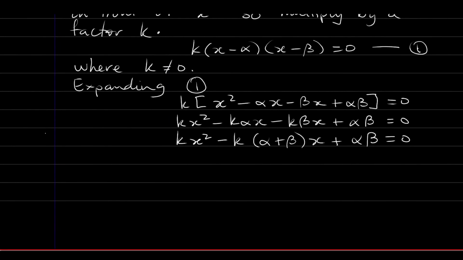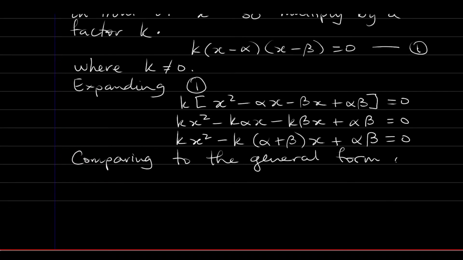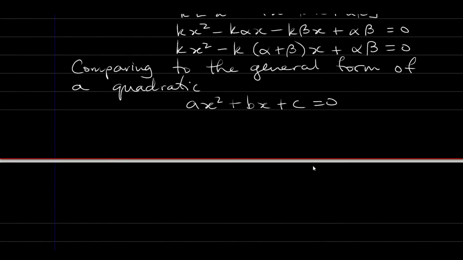So what we can do is compare to the general form of a quadratic, ax squared plus bx plus c equals 0. We can compare and see a few things right away. I'll change the font color a little bit.